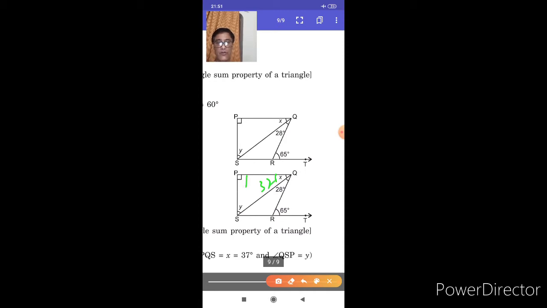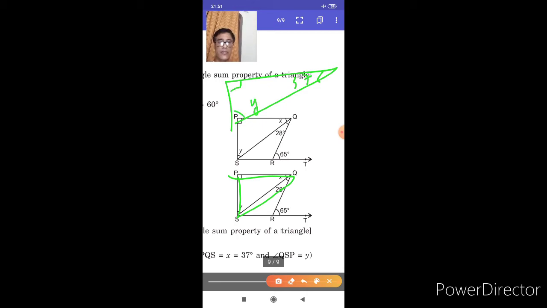We know this is 90 degrees, and we have to find the value of y. So in this triangle, we apply the angle sum property. This value is 37, this one is 90 degrees, and this one we have to find.